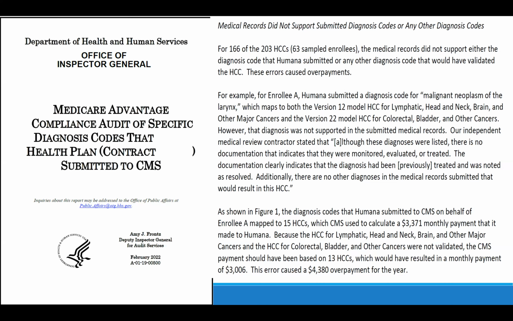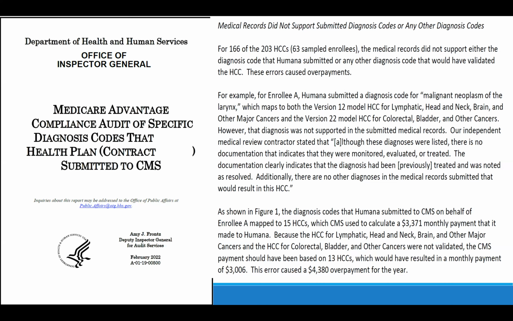A historical condition that no longer is active does not qualify for an HCC, and there's no other category where the provider using the term history of, or not using the term history of, has as prolific an impact as it does here in the neoplasm category.